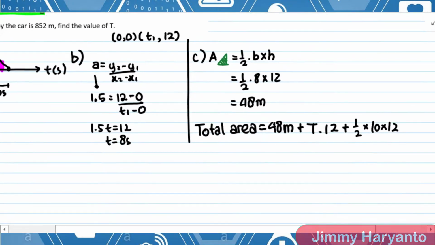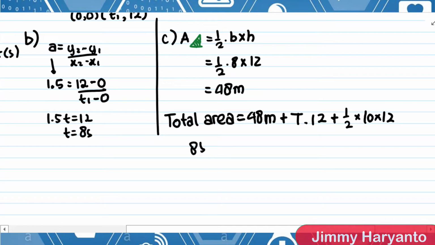And the total area is already given, 852. So we can replace the 852 into the total area. 48 plus 60, 108 meters, plus 12t.